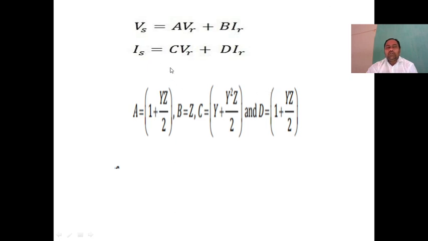If you find AD minus BC, it is equal to 1. So this is a reciprocal circuit.